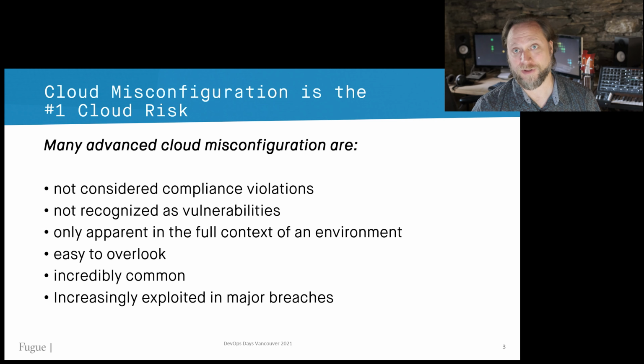And part of the reason for that is they are often only apparent in the full context of an environment. So I want you to think about whether you believe the ability to list resources in the cloud is dangerous. So just think about that as we're going on. Let's say you have a compute instance or a container or a Lambda function that needs to retrieve objects or place objects or both in something like an object store, S3 on AWS or blob storage on Azure.